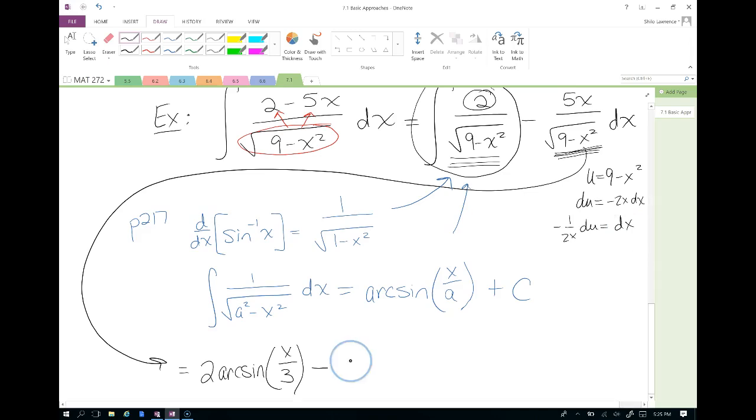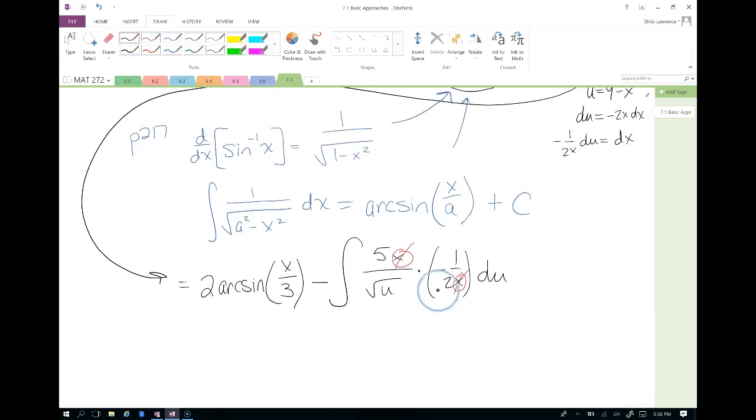So for the second part of this problem, I'm not ready to integrate. I'm just writing it in terms of u. So we've got 5x over the square root of u, and then instead of dx, we're going to write negative 1 over 2x du. And we see that those x's cancel, which is perfect, because then it just turns into something we can evaluate with a power rule.